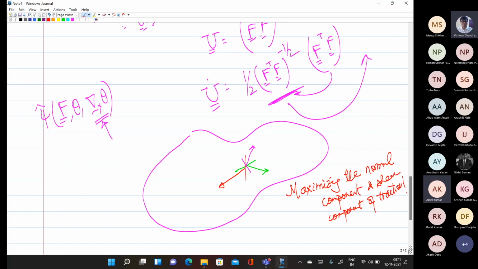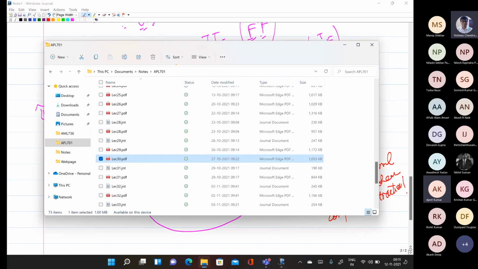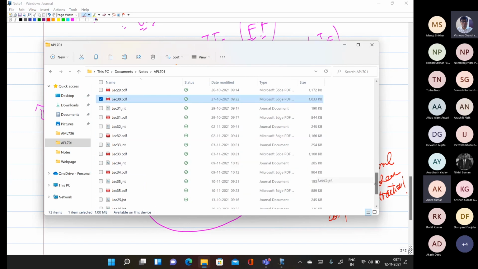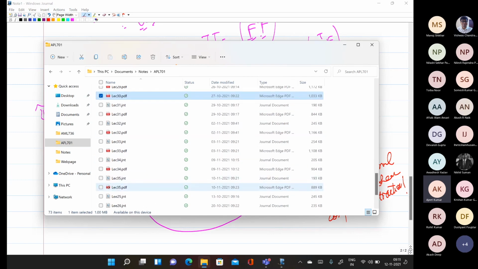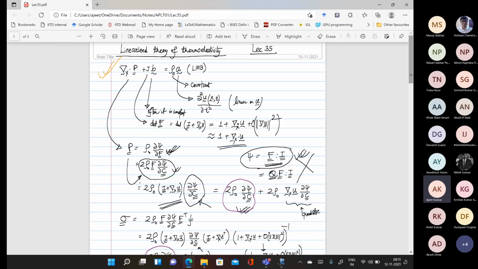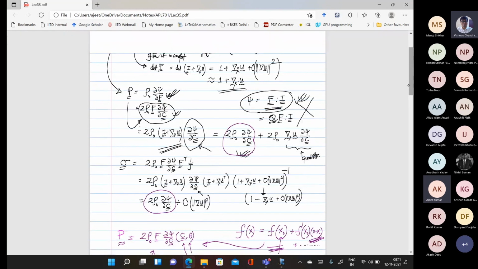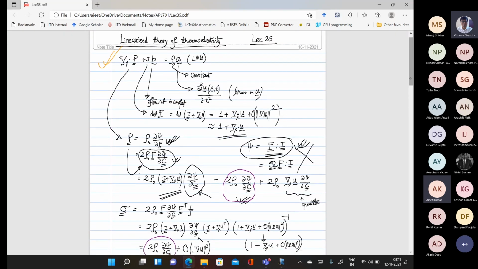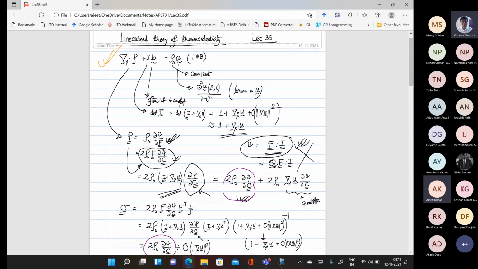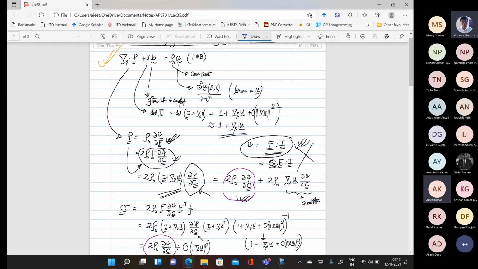In lecture 35, the last lecture, on the linearized theory of thermoelasticity, for linearizing grad x of p, we have linearized to 2 rho naught del psi by del C, plus higher order terms.